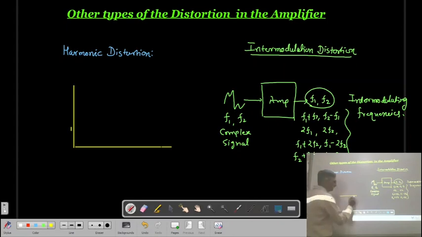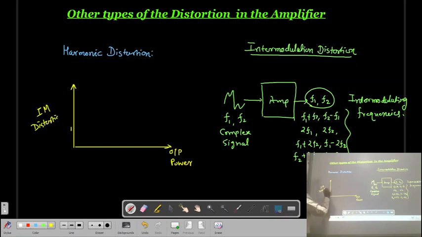Here on the x-axis we have the output power, and on the y-axis we write the intermodulation distortion, which you have to measure in percentage. You already know how to calculate the distortion.